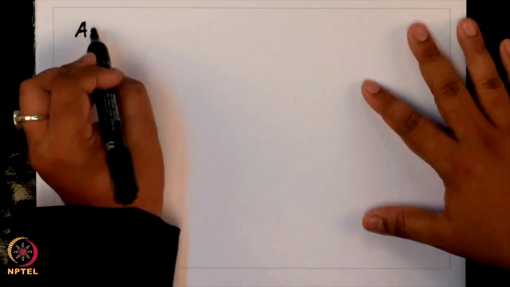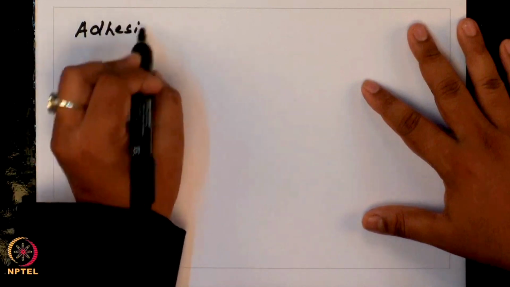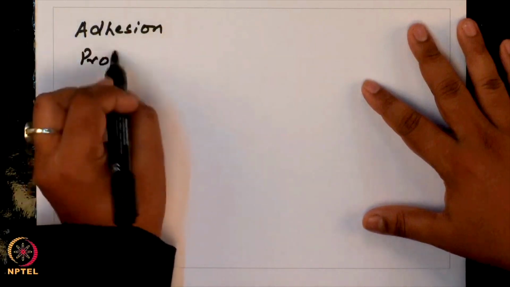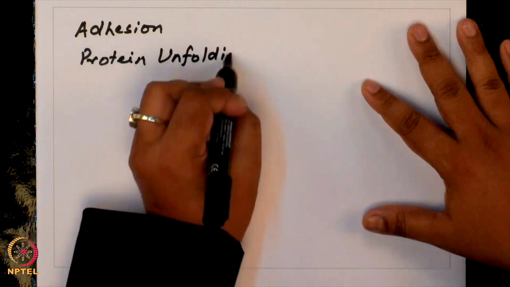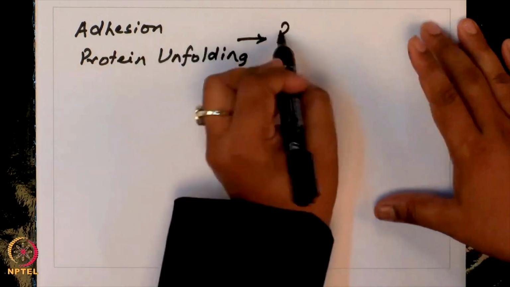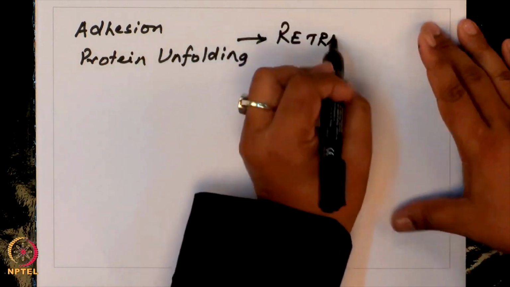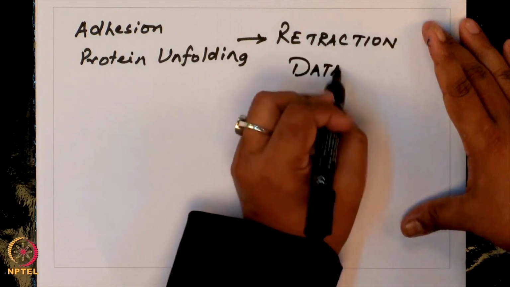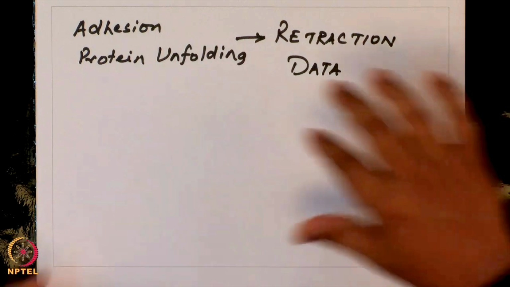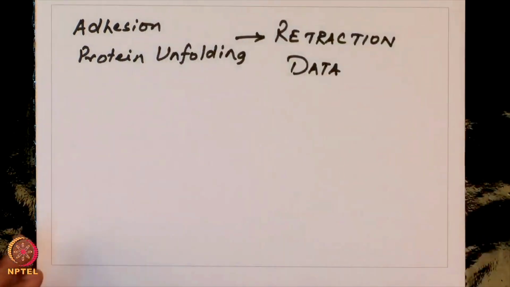For adhesion, or for protein unfolding, I analyze the retraction data. I analyze the retraction data for experiments where I want to quantify adhesion or wish to quantify protein unfolding.